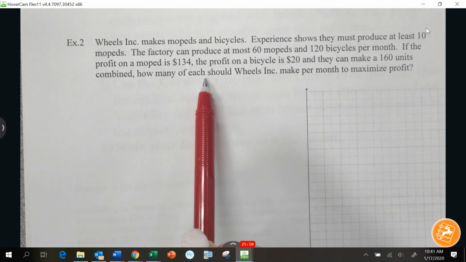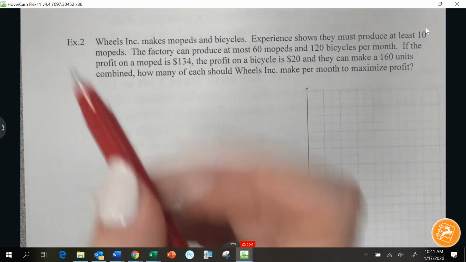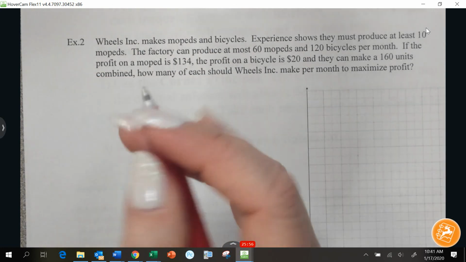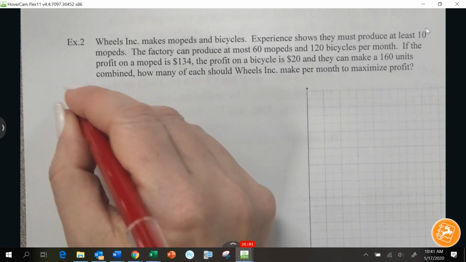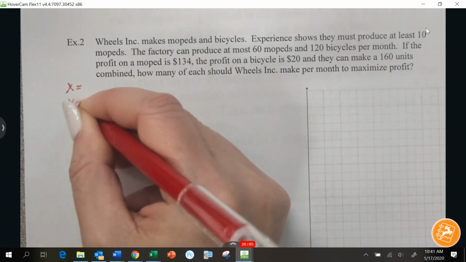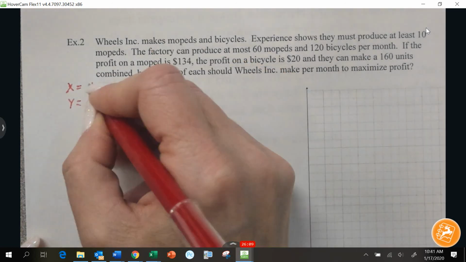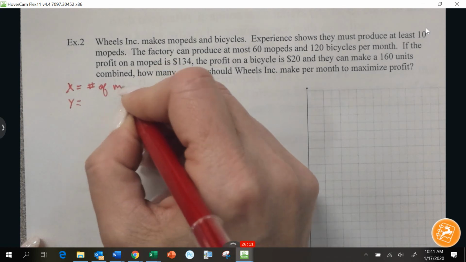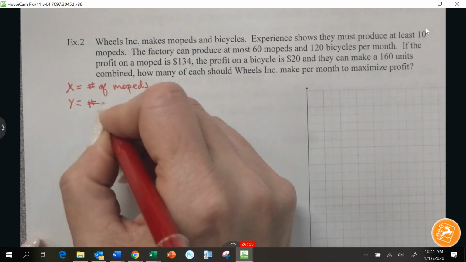So the number of. Okay, so you can use M and B. You could use X and Y. You can use A and B. It doesn't matter what you want to use. I'm going to use X and Y because I am not creative. X is going to be the number of mopeds, and Y is going to be the number of bicycles.